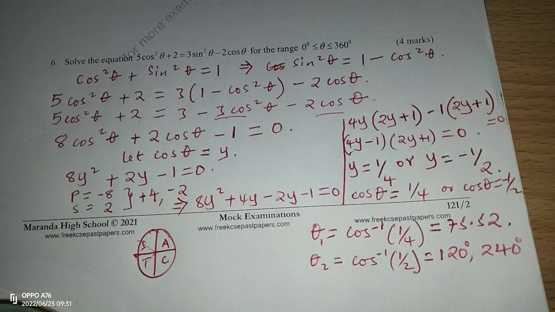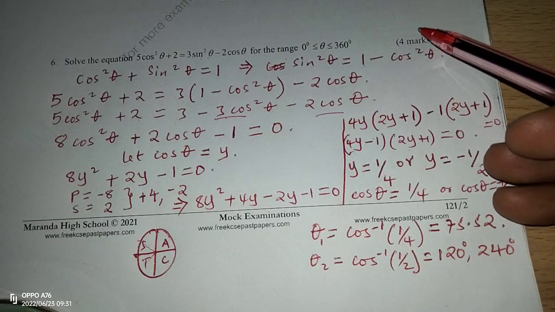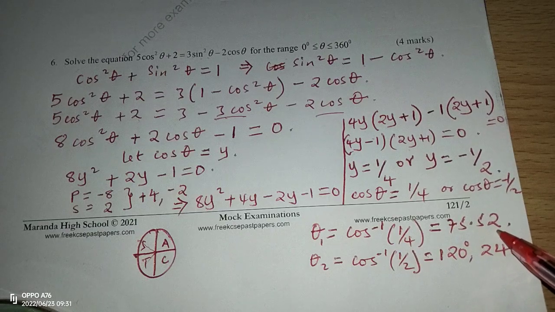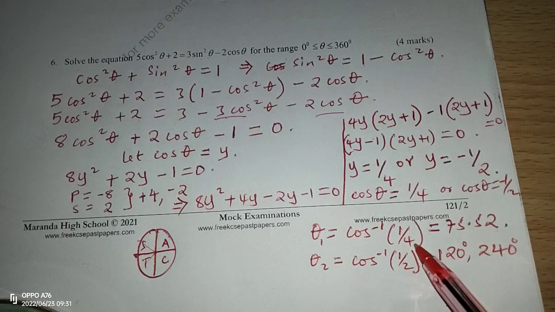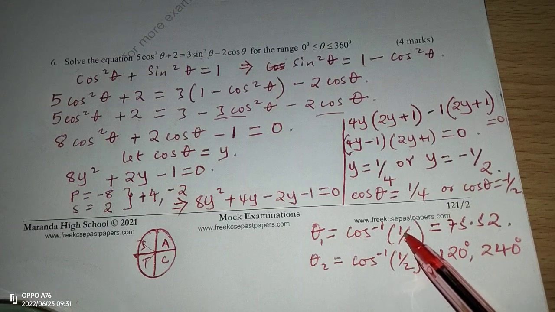In case we go for another cycle, the first angle here, which is 75.52, will become 435, which means it will have gone beyond the range or beyond the limit. But again, because it is 75.52 and the cosine is positive, then we can have another angle in a different quadrant where cosines are positive.